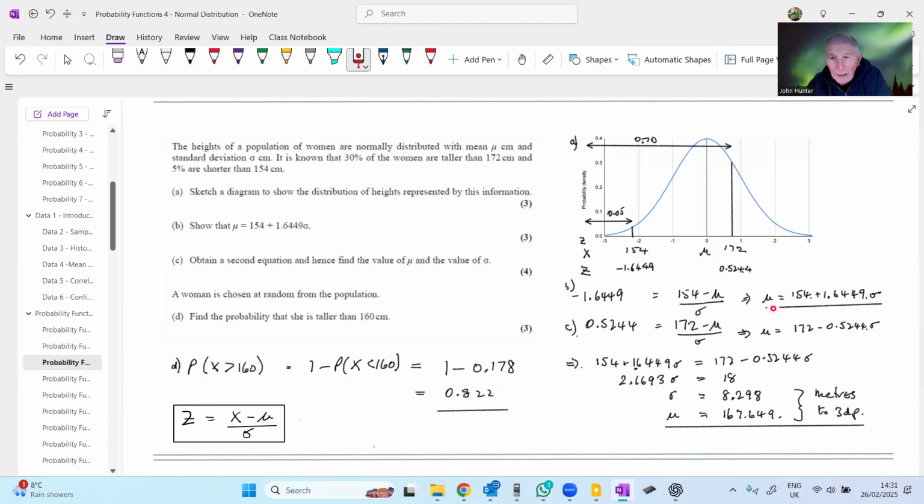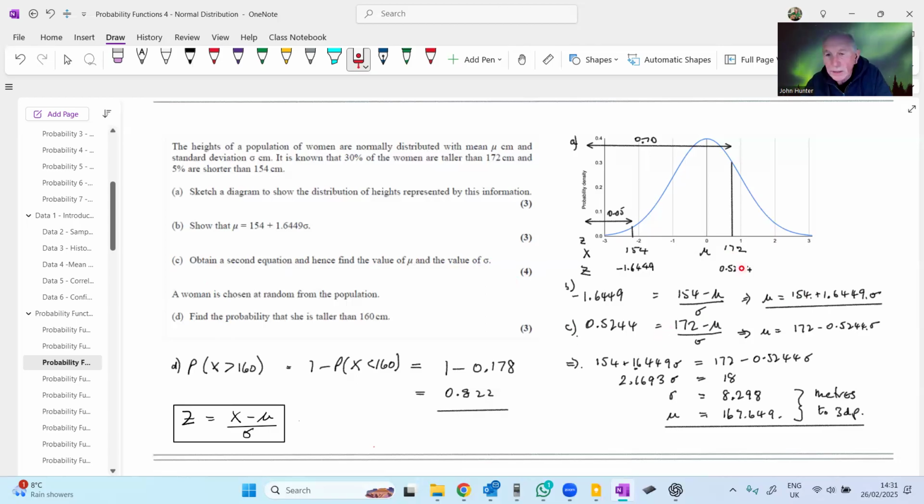All right. So we've applied one of our boundary conditions, if you like. Well, that's okay. One equation, two unknowns. That's not moved us on, but of course we have another boundary condition up here at 172. Obtain a second equation and hence find the value of mu and the value of sigma.